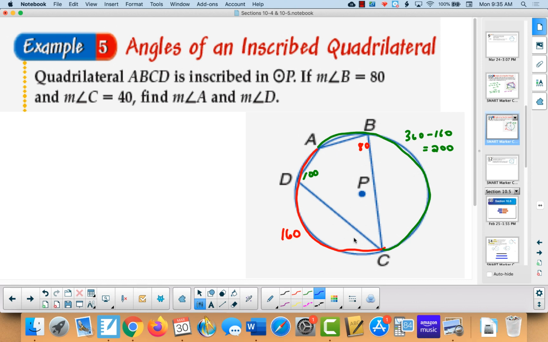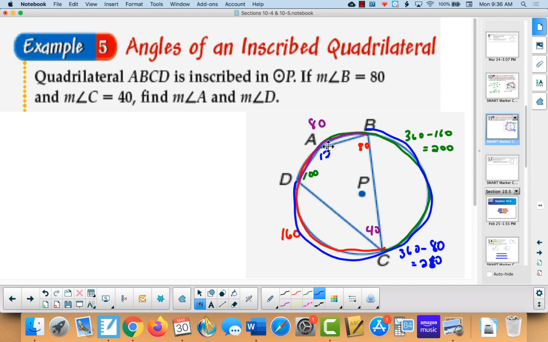Also, we know that angle C is 40. Its intercepted arc is DB, and so that's going to be 80. The rest of the circle, DCB, is 360 minus 80, which is 280. Sorry, I said 240 at first, but it's 280.